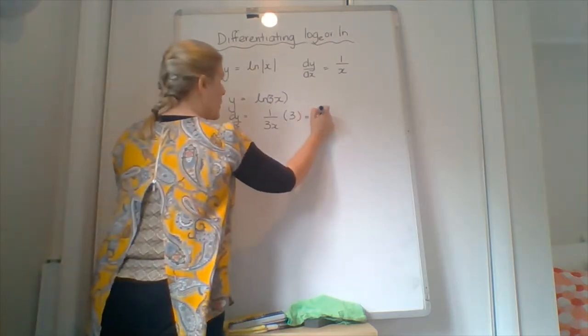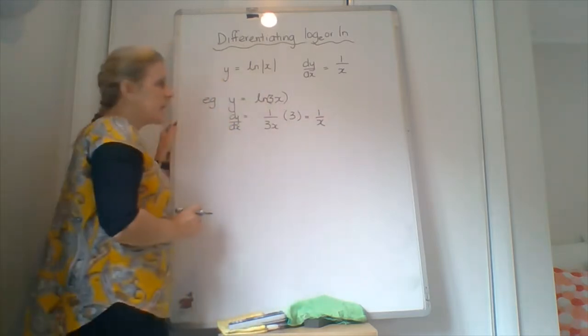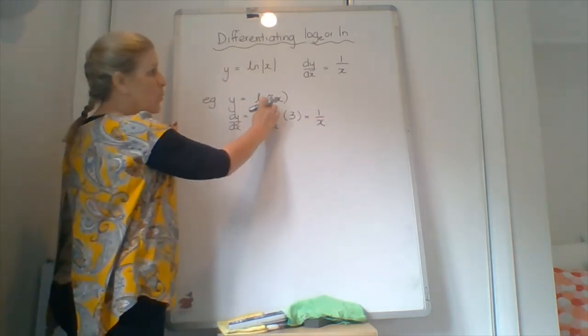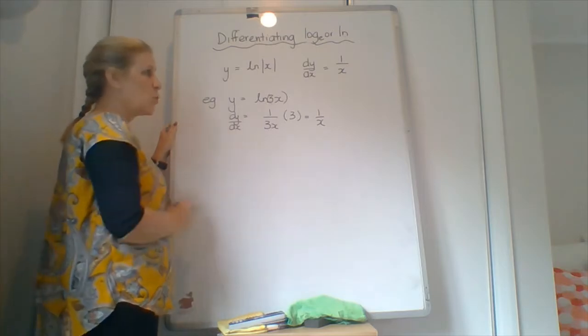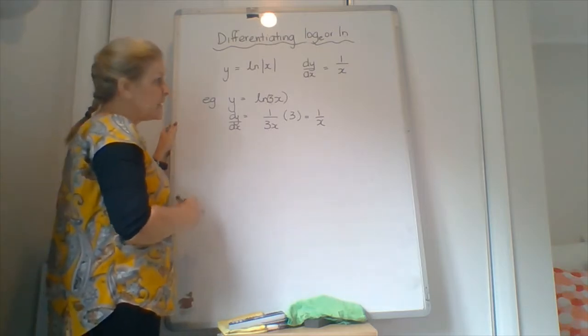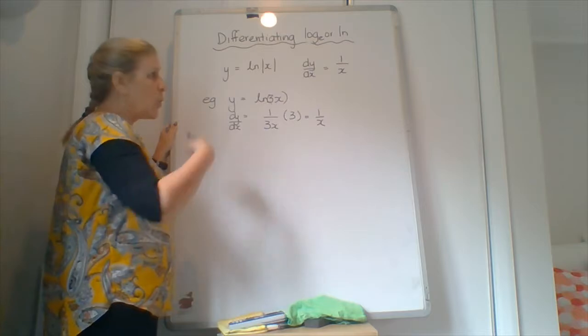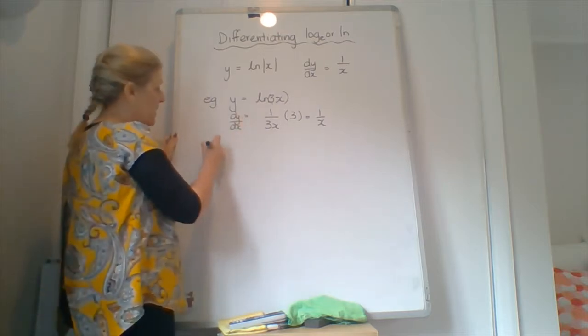So the answer is 1 over x. Now, interestingly enough, it doesn't matter what number is in there, the answer is always going to be 1 over x. So it becomes more interesting when it's a different sort of function in there.